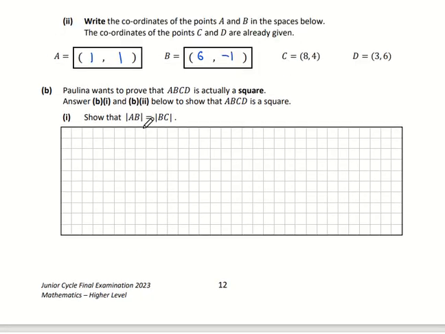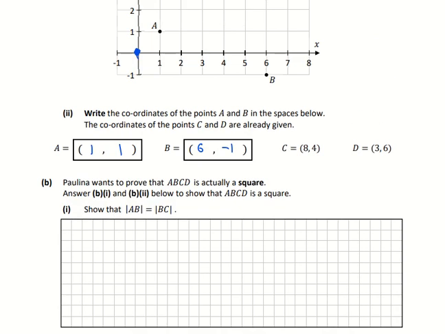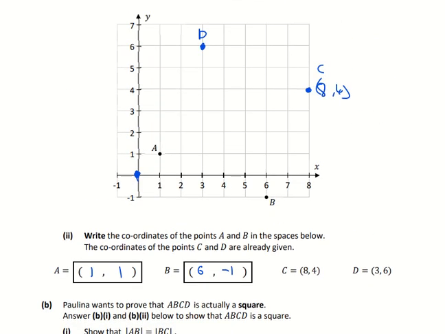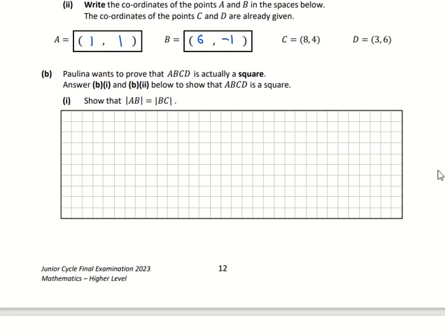Show that AB is equal to BC. Now to do this, we're going to have to use the length or the distance formula. That's going to be the square root of x2 minus x1 squared plus y2 minus y1 squared.